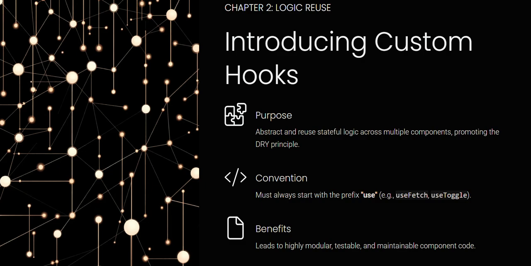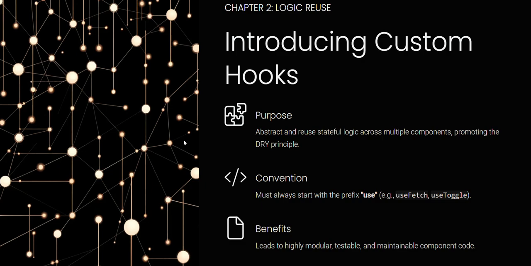The need for custom hooks arose because developers often found themselves copying and pasting the same stateful logic, like managing an AJAX fetch or syncing state to local storage across multiple components. The core purpose is pure logic reuse.